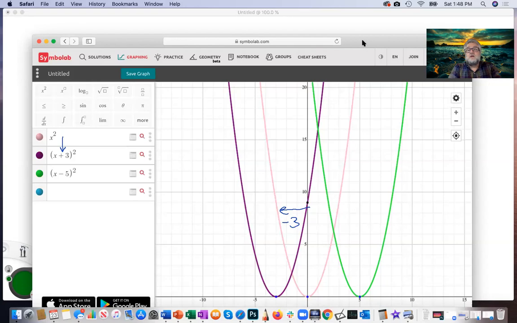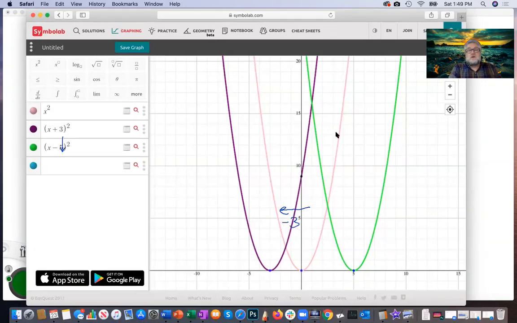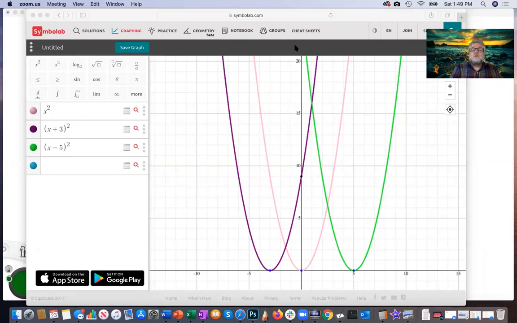Let me get my annotation thing and clear them again. So this one said x plus 3, and it shifted negative 3 units. This one says x minus 5, and it gets shifted a positive 5 units.